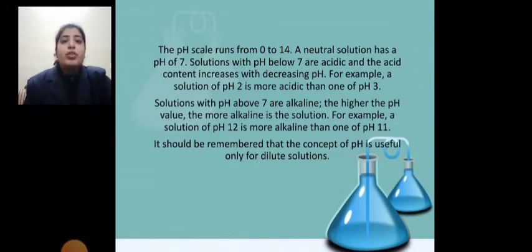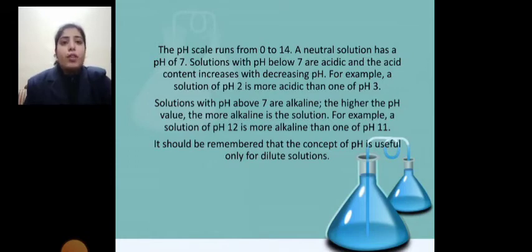Now, the solutions which have a pH more than 7 are basic in nature, and the higher the pH value, the more basic they are. For example, a solution which has a pH value of 12 is more alkaline than the one which has a pH value of 11.